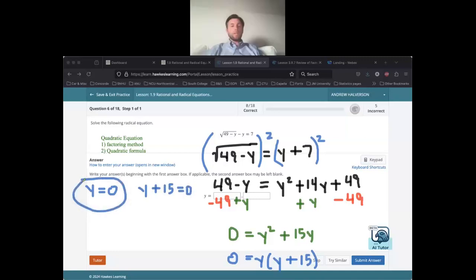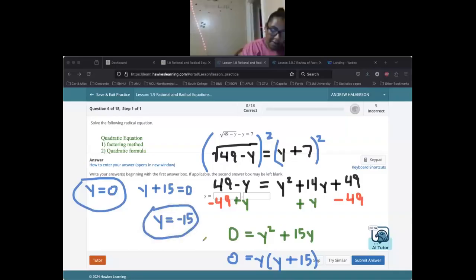Well, this one's already solved for y. And then this one becomes what? Negative 15. Those are your two solutions. And good, we got two blanks. That's where they will go.